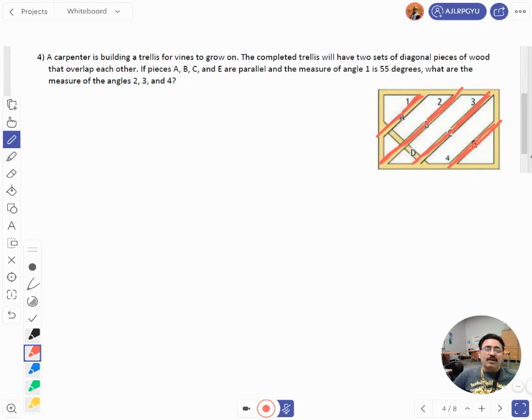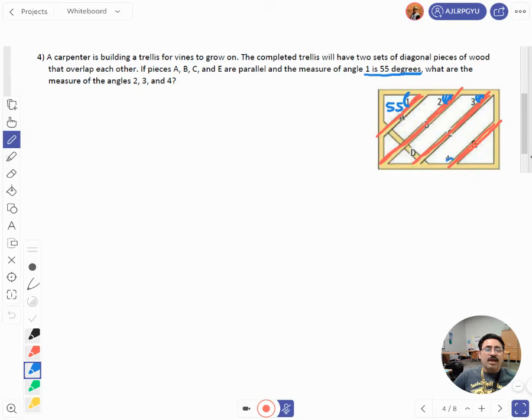These are parallel and the measure of angle 1 is 55 degrees. This is important. What are the measures of angle 2, angle 3 and angle 4?